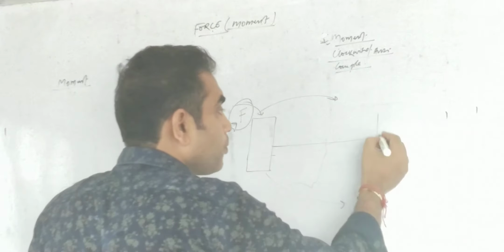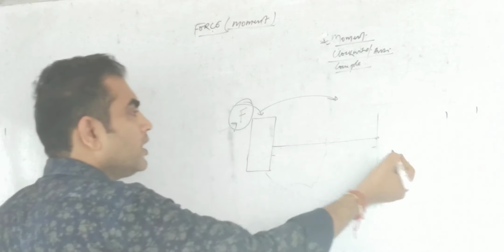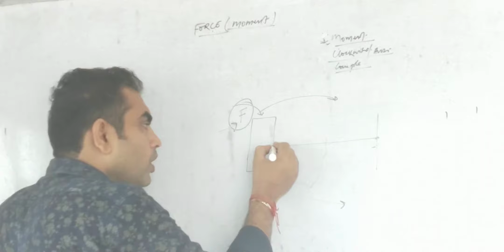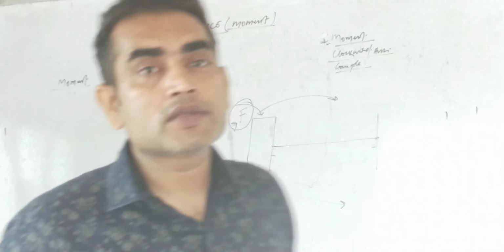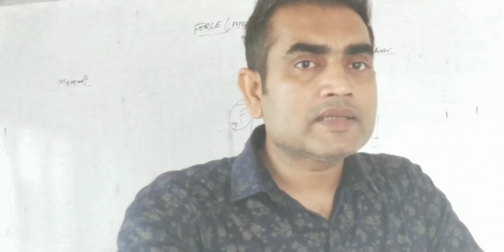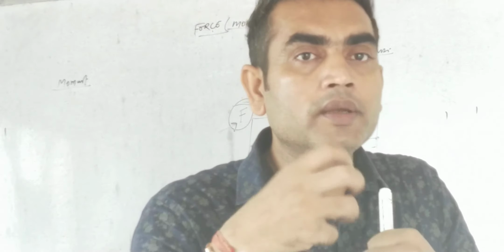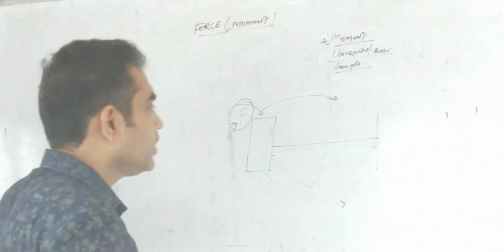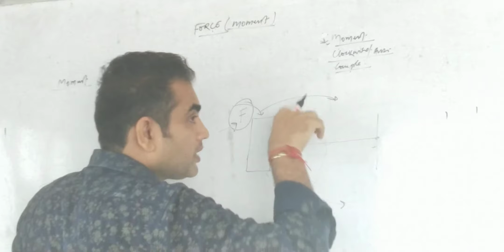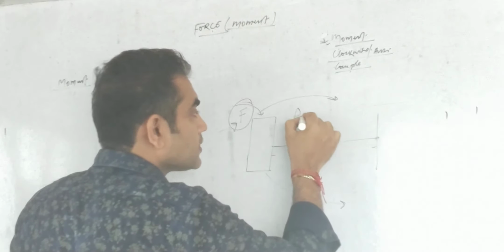The distance of the object from the pivoted point will always remain constant, and that distance is what we calculate in order to find the moment. We take it as the perpendicular distance.